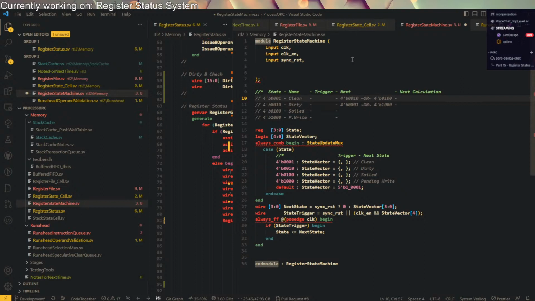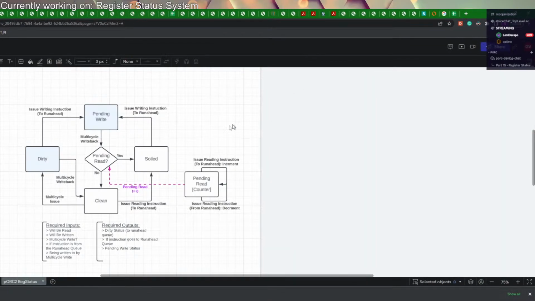So here's the thing I just thought about. In the pipeline, if you have an instruction that's coming through and you're writing, going to pending, right at the same cycle that you have a load come back and store, you should just stay dirty and just let that issue.